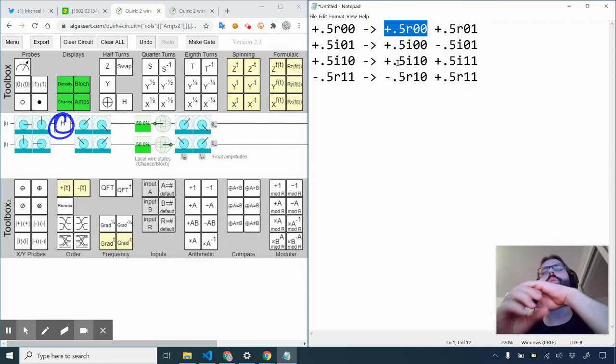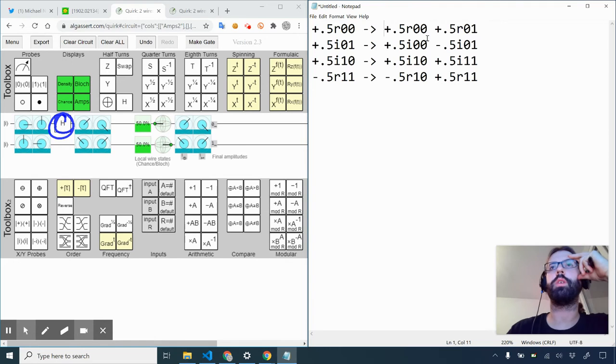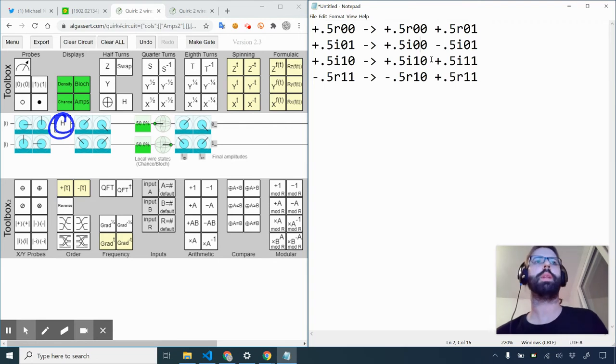So what we see here is the 0 0 component. There's no destructive interference in the sense that there's no term being cancelled out, but the phases seem to suffer some effect, right?